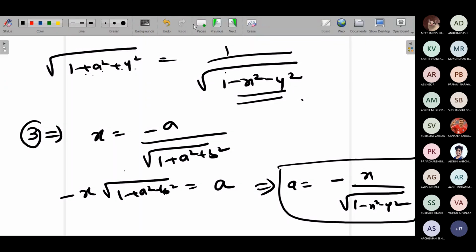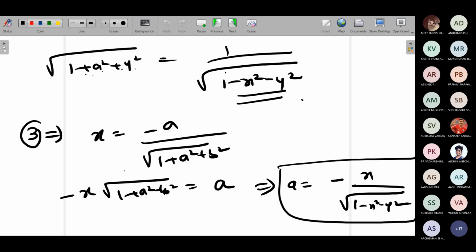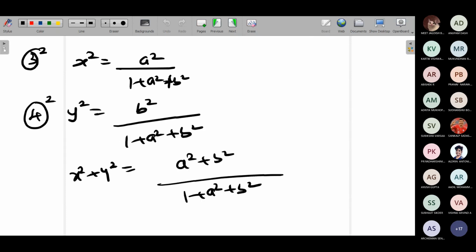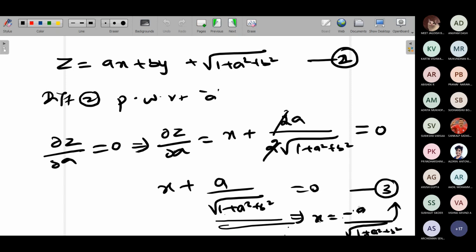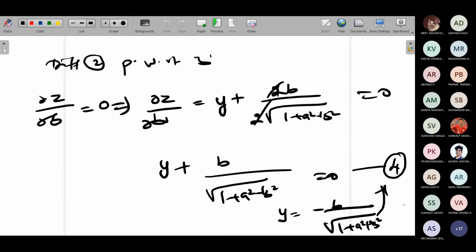And similarly, from equation number 4. What is your equation number 4? This is your equation number 4. From 4, you can write this as y into root of 1 plus a square plus b square is equal to b.